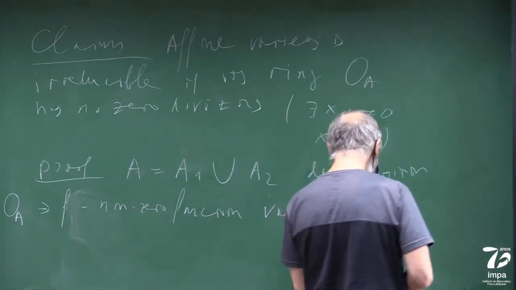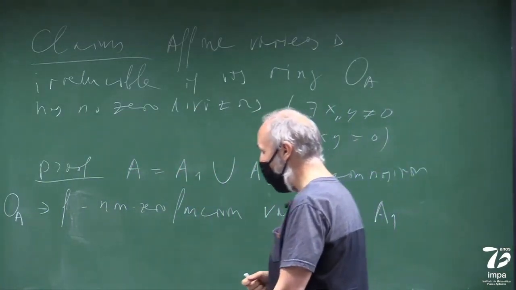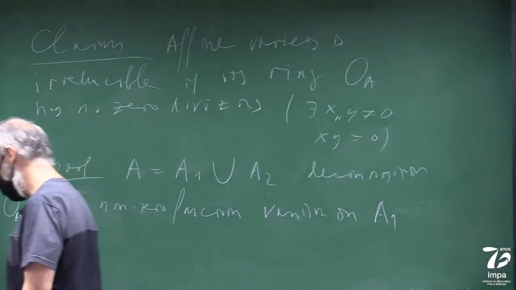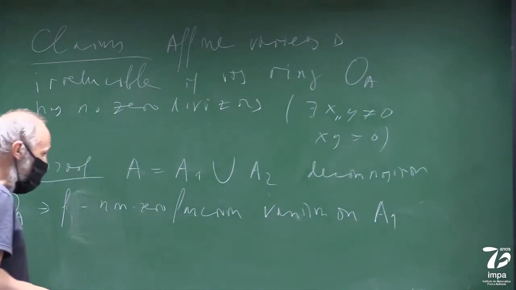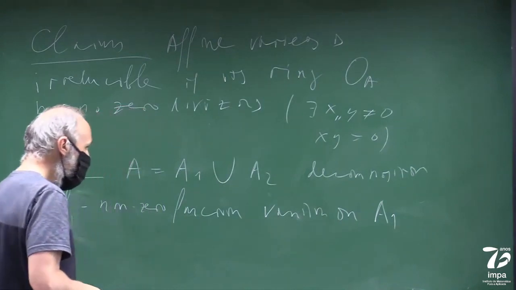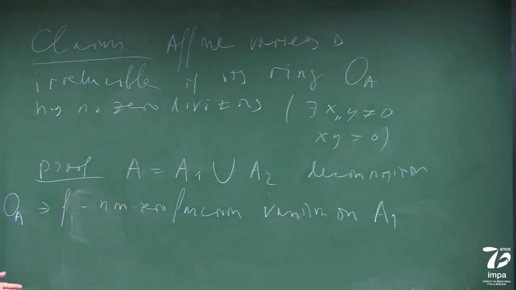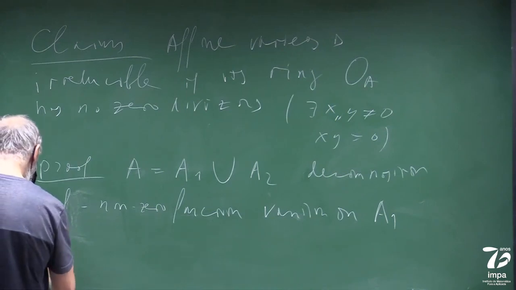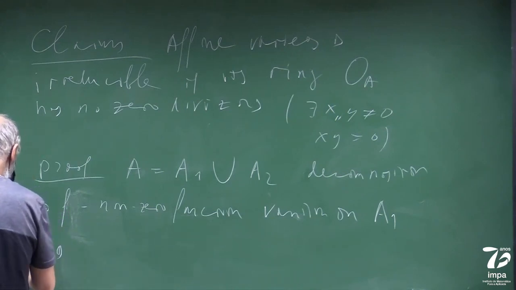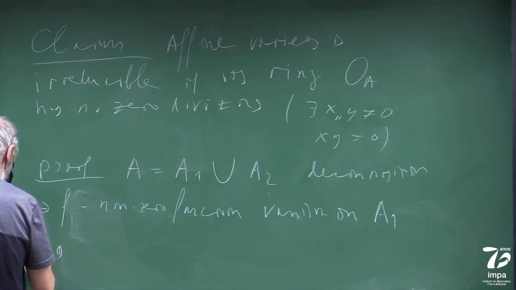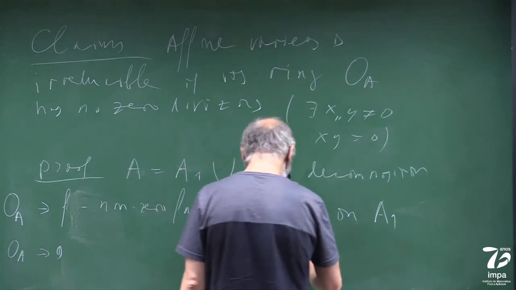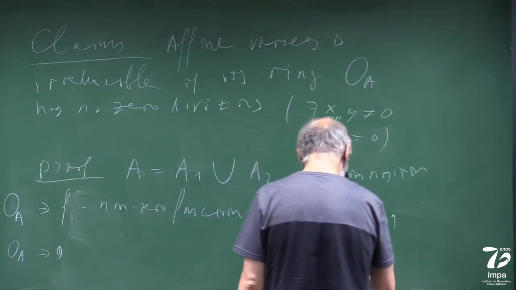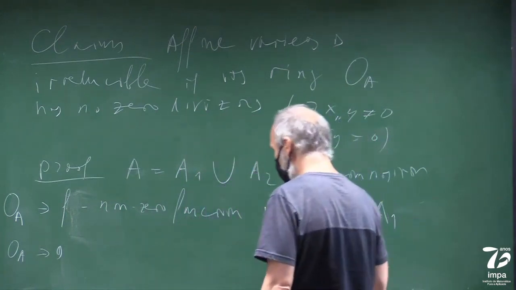Such a function exists because A1 and A are algebraic and they are distinct. So there are some functions which vanish on A1 and don't vanish on A. And then we have g, a function in O(A) which vanishes on A2, which exists by the same reason.